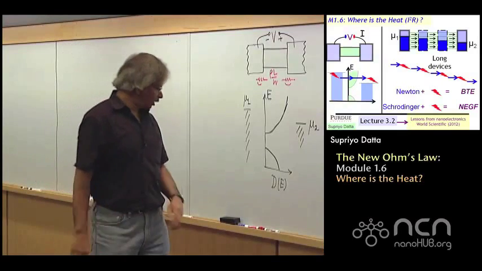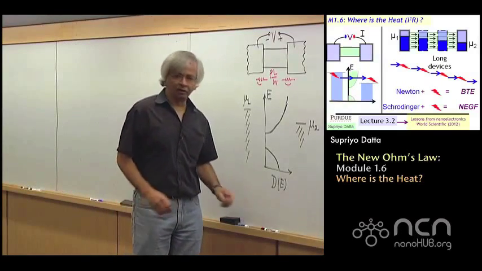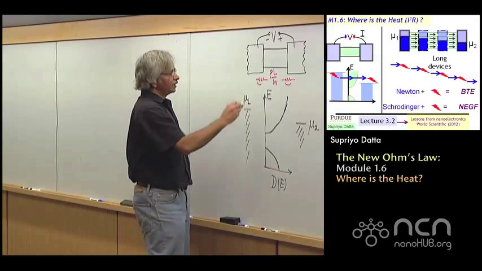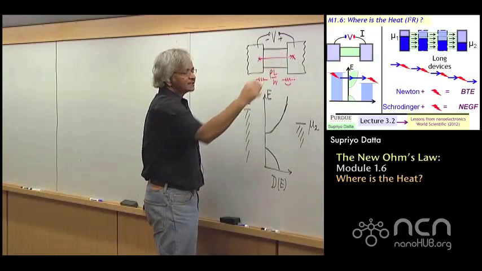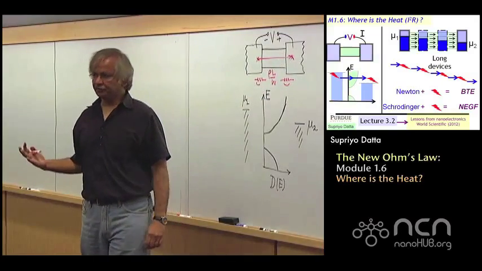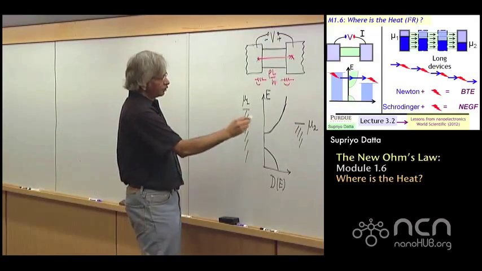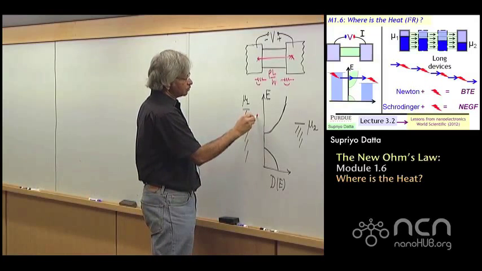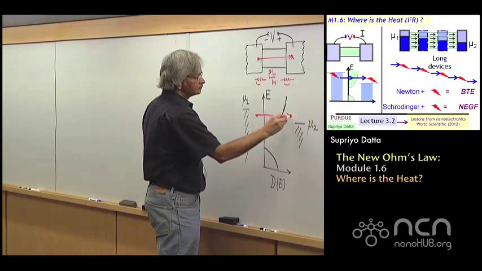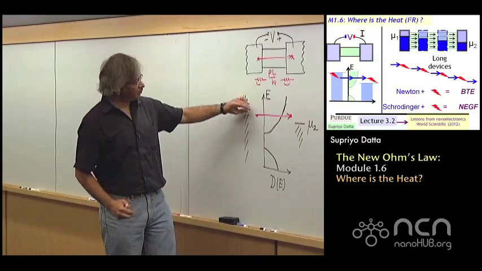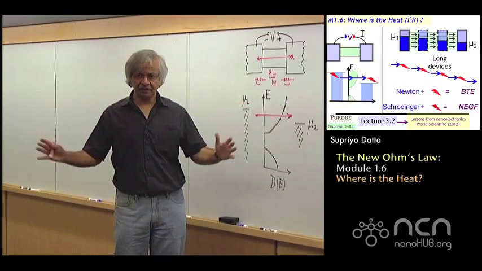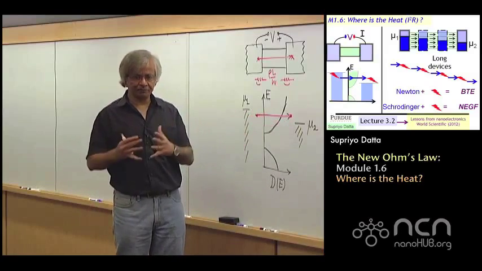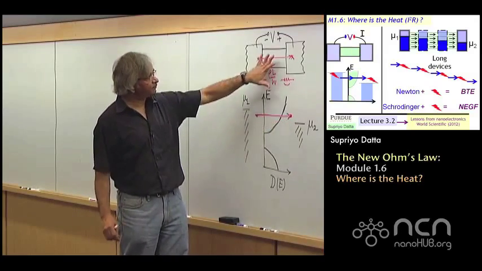The thinking was that when you make something small, an electron can go from left to right without exchanging any energy with its surroundings. So when you look in this picture, electron just goes from here to there. And if it came in with a certain energy, it exits with exactly the same energy, doesn't give up or absorb any energy from its surroundings.